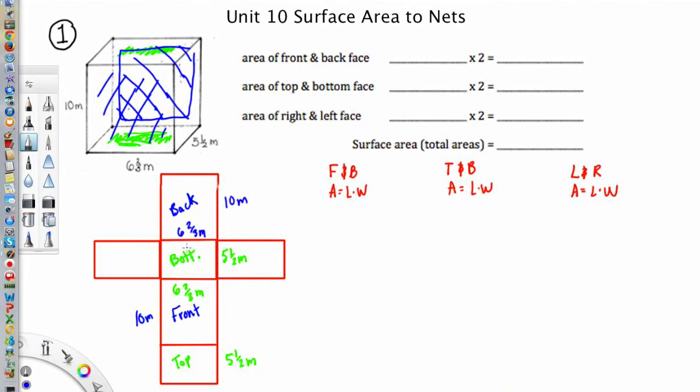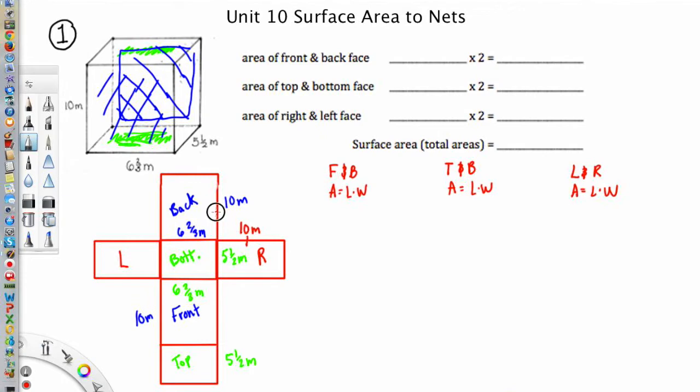Okay, so that takes care of our bottom and our top, and then we have a right and a left. We have a right panel here and a left panel over here. Our right panel is 5 1/2 meters wide, and when we fold it down, this edge here is the length of it, so it's 10 meters.